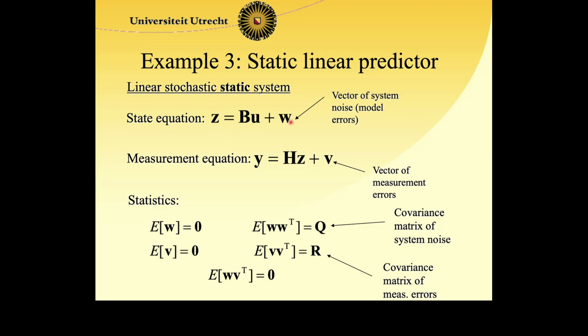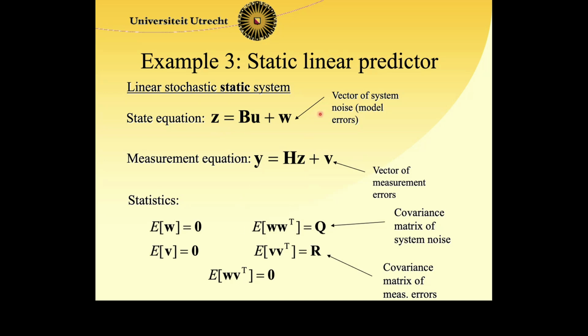And you also have a system noise or model error. And then at a number of locations, maybe you can have actual observations of that state, or observations that are related to that state with some measurement error as well. And then again, these are the statistics.